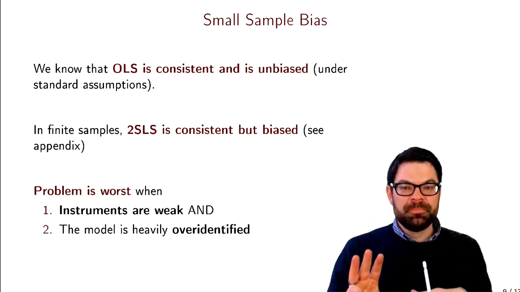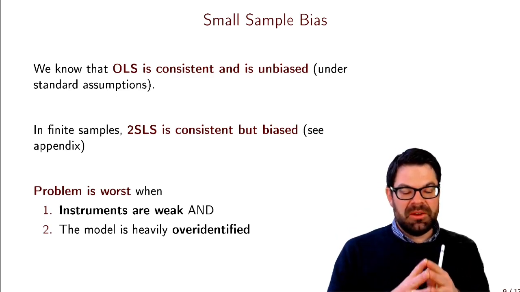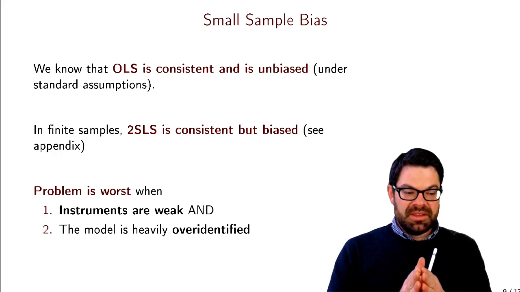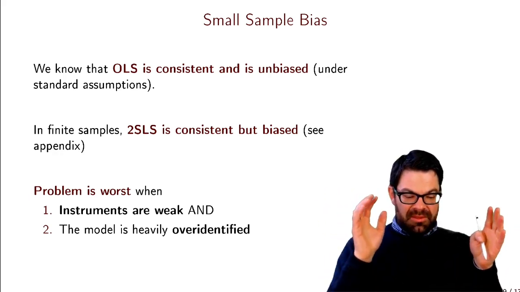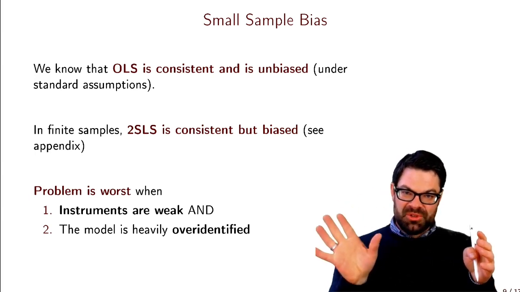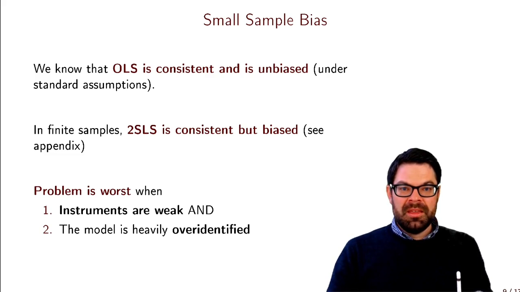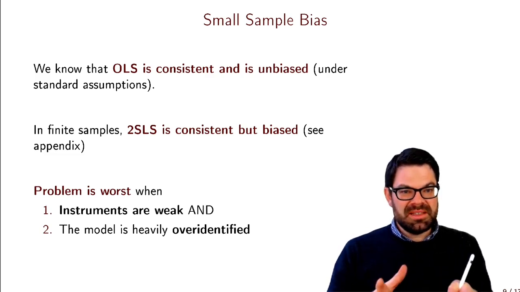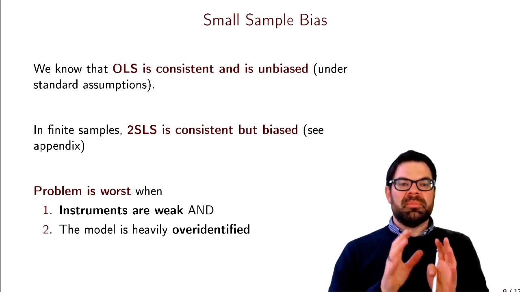Problem number 3 is a general problem of instrumental variables, which is that IV estimators give you, under the best of conditions, a consistent estimate, but not an unbiased one. The reason is that we have inevitably a small sample bias.